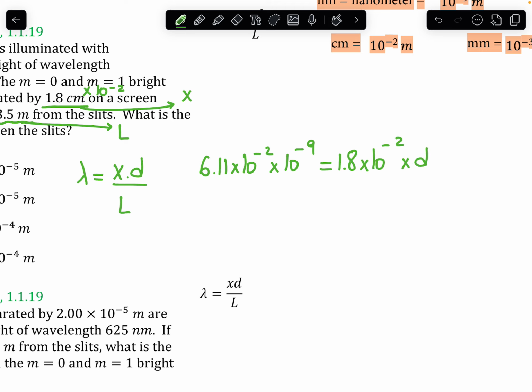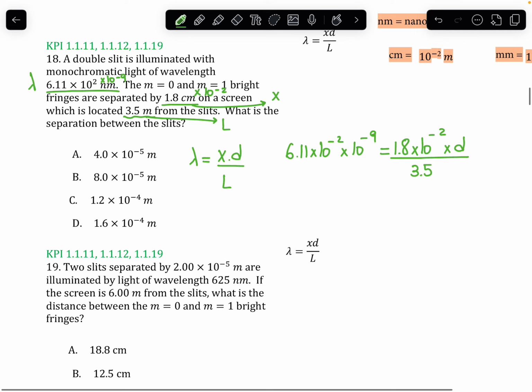I don't know the space between the slits. It is 3.5 meters away, so it will give me that D equals 1.2 times 10 to the power of negative 4. The unit is in meters.